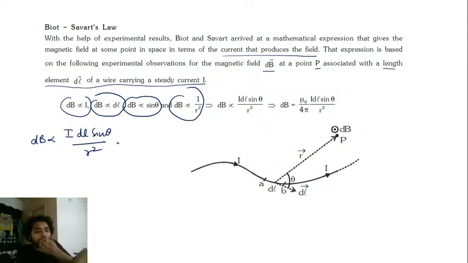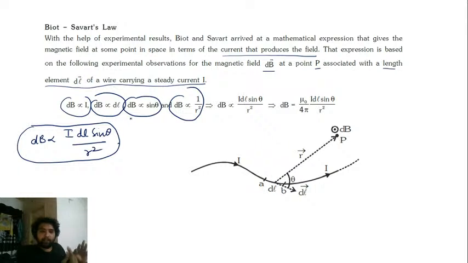Guys, if you ask me, this itself is more than enough to solve any problem. Mu naught by 4 pi जो constant है वो constant हमेशा रहेगा. So imagine a magnetic field to be in this format. More length, more field. More angle, more field. And at 90 degrees it will have more field. And more current, more field, and more distance, less field.